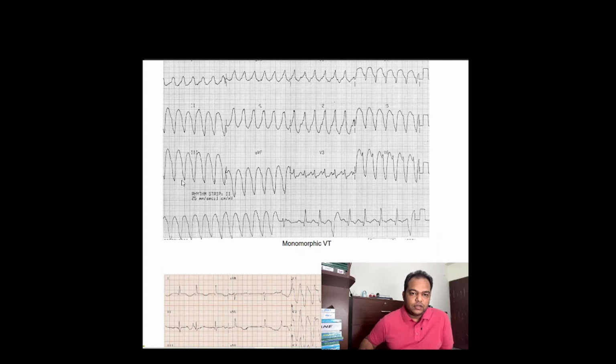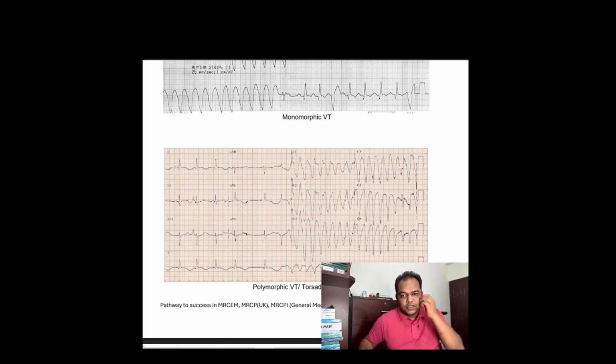You can see the morphology of the QRS complexes are the same. So this is called monomorphic VT, and when the morphology of the QRS complexes is not the same, you can appreciate here the amplitude of the QRS complex is different. Here the amplitude is large, but here the amplitude is small, so this is not constant amplitude. This is called polymorphic VT. It is also called Torsades de Pointes.